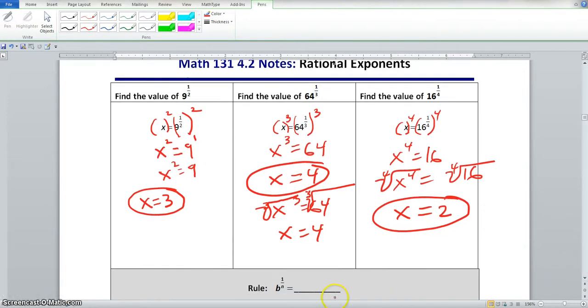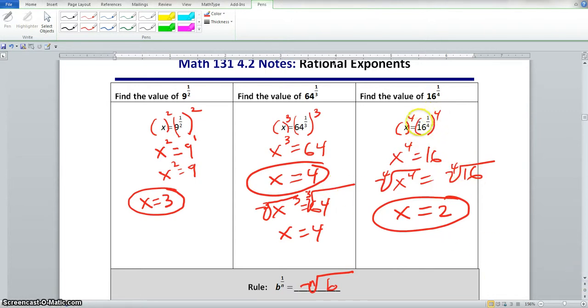Now we have a rule here. We have the base taken to the 1 over n power. That is the same as rewriting it as the nth root of the base. So it'll be the nth root of b. If you notice here, didn't we end up doing that?